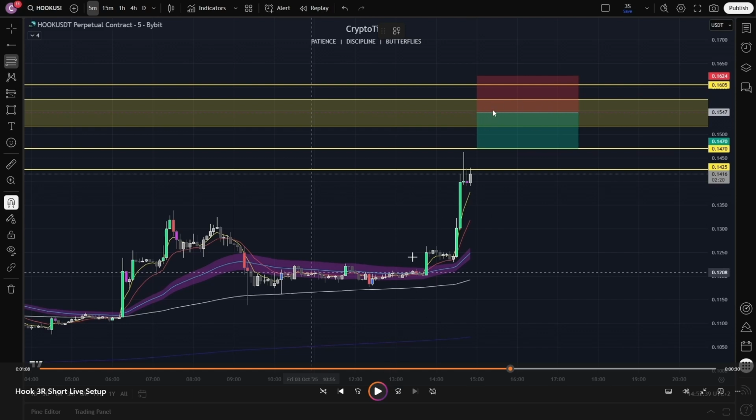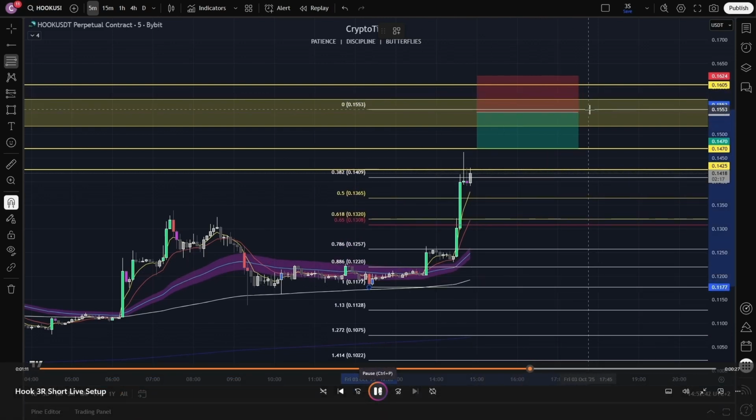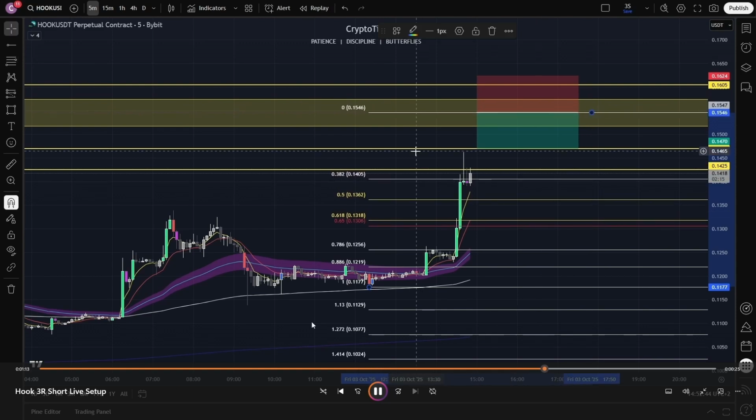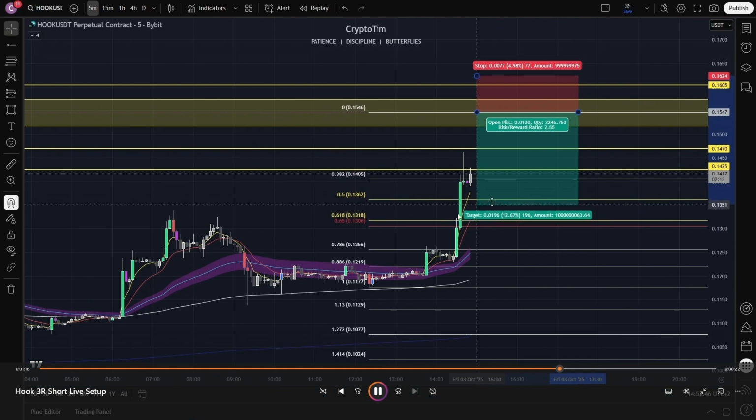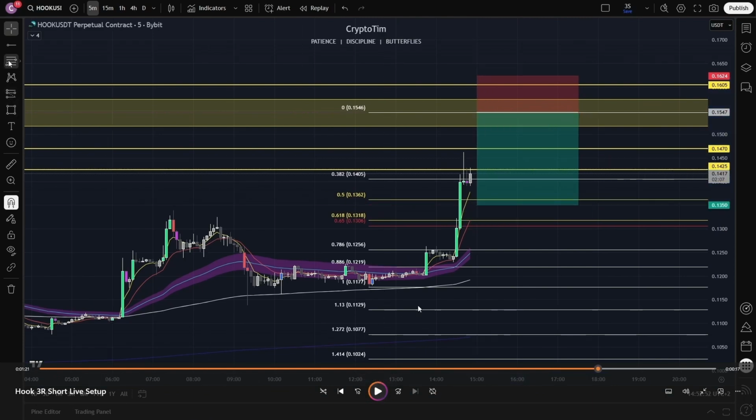I'm putting my entry in the middle of this red vector candle box. I'm gonna check my FIB levels from the beginning of this move, or really the start of this big impulsive move, to my expected top into the middle of this vector candle block. Now I'm deciding where I want to put my TP.